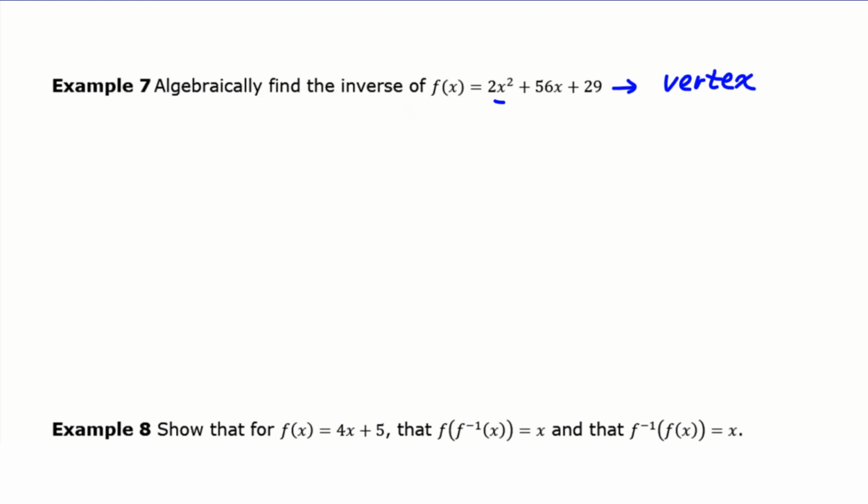After we convert to vertex form, then we are going to switch x and y. So we still replace f of x with y, then vertex form.